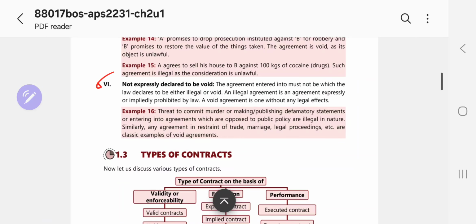Now coming to the sixth thing, not expressly declared to be void. The agreement entered into must not be one which the law declares to be either illegal or void. An illegal agreement is an agreement expressly or impliedly prohibited by law.